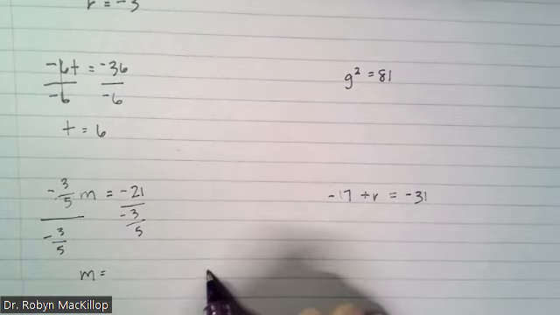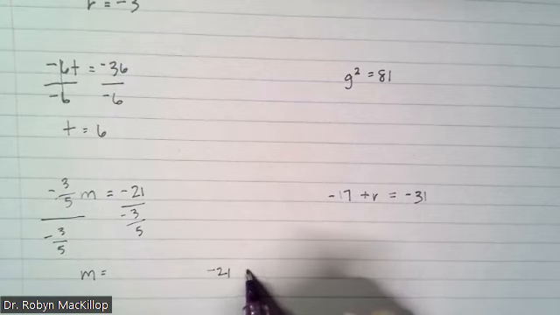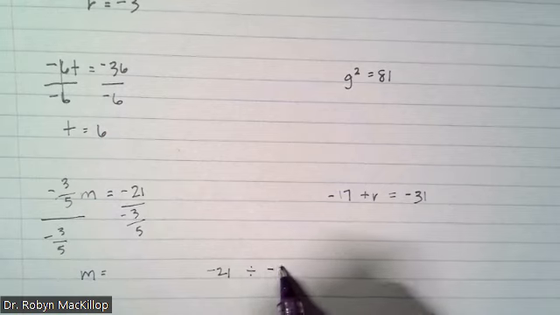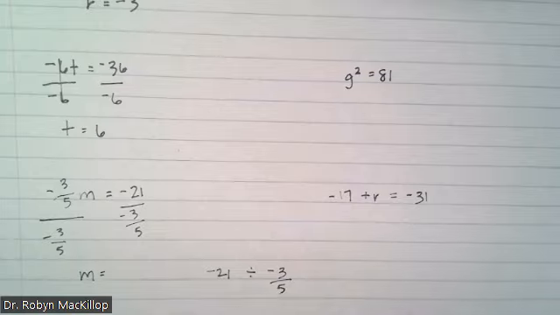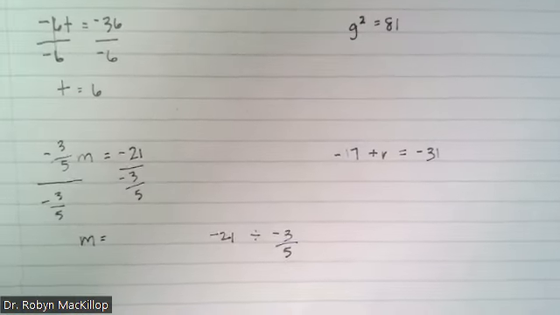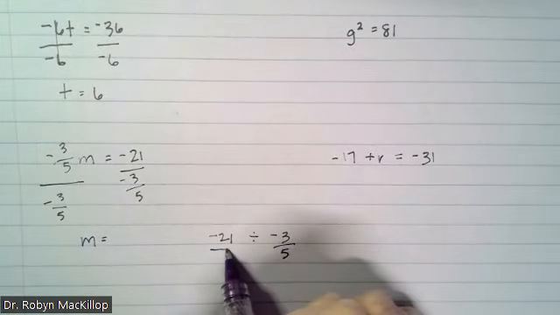So we've got negative 21 divided by negative 3 over 5. Now, how do we turn a whole number into a fraction? Just put a 1 underneath it.